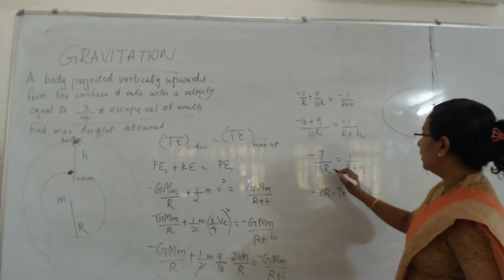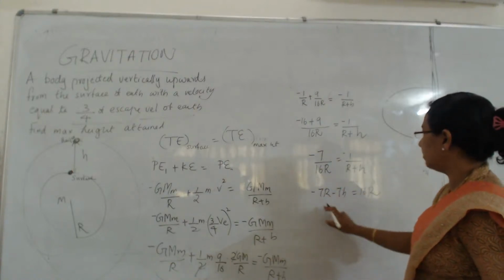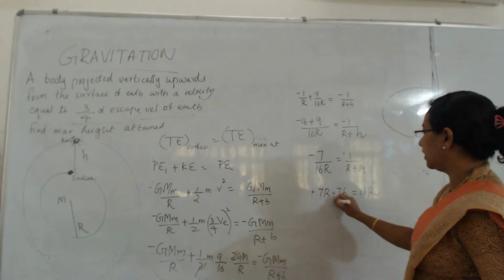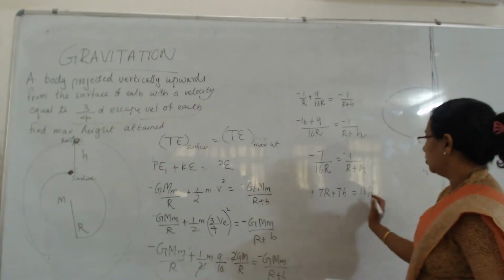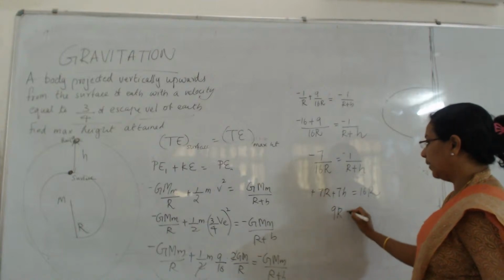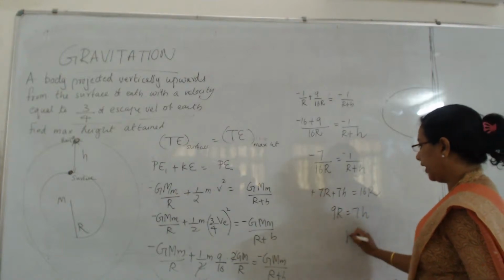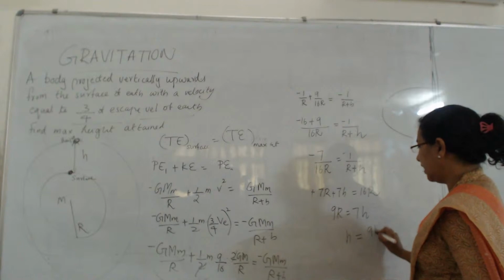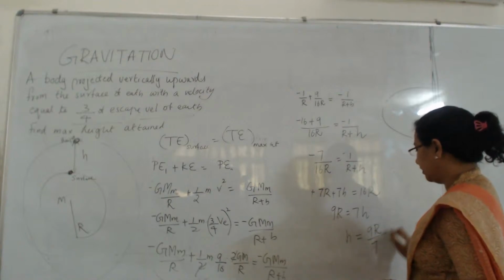We can even do one more thing here: one minus is there, this minus will get cancelled. So again it will be 9R equals 7h, or h equals 9R by 7.